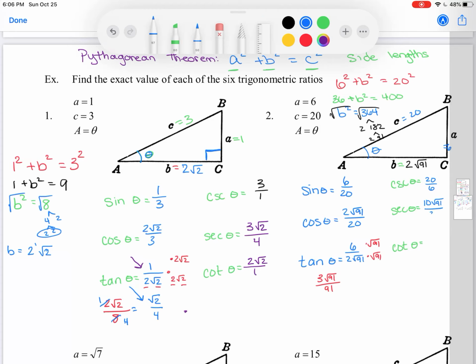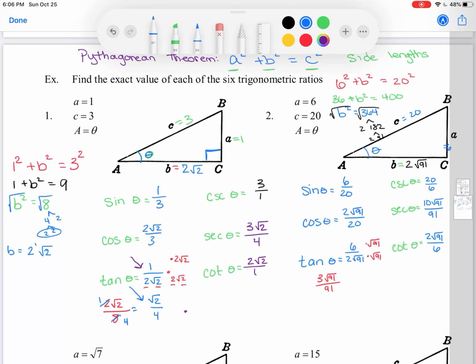Secant will initially be 20 divided by 2 root 91, but again, we don't like that root 91 in the denominator, so we simplify it and we should get 10 square root of 91 divided by 91. And then our cotangent, again, we're taking from the original, so we have 2 square root 91 divided by 6.